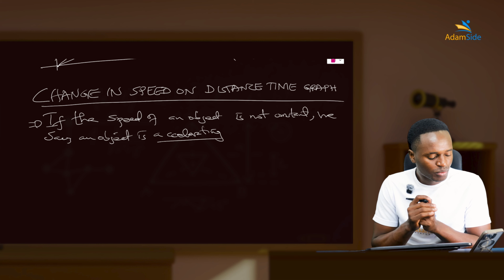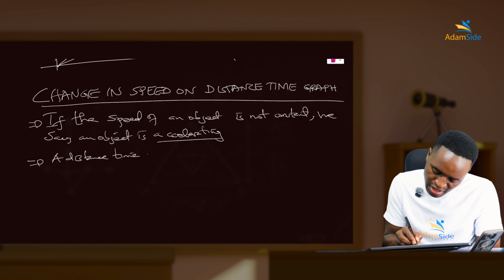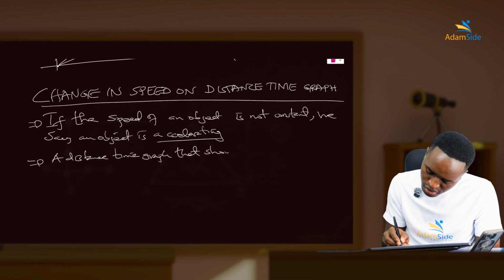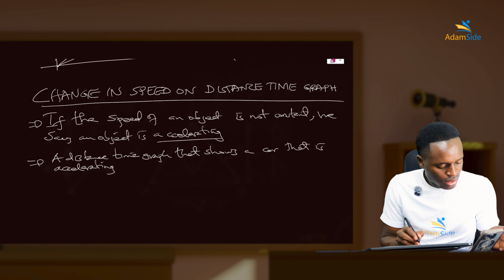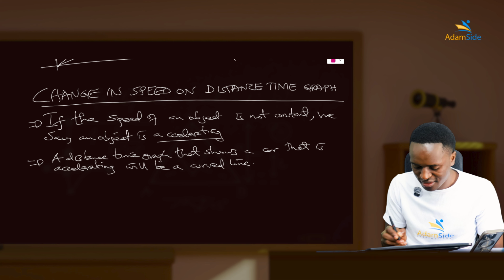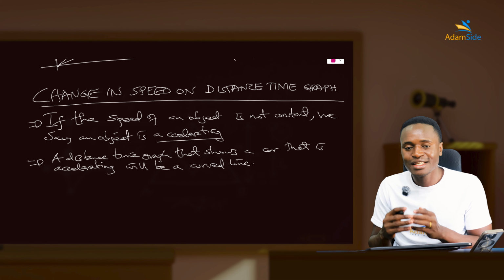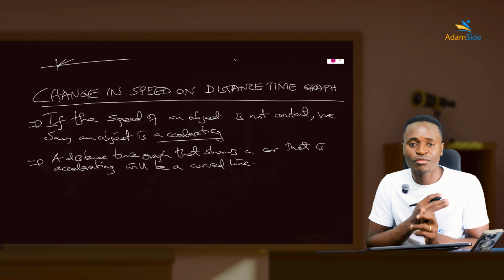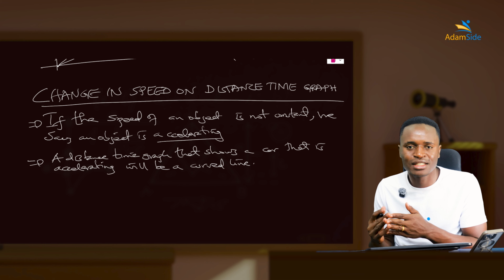So what will the distance time graph look like? A distance time graph that shows a car that is accelerating will be a curved line. Whenever you see a curved line on a distance time graph, the car does not have a constant speed, and therefore it is accelerating.